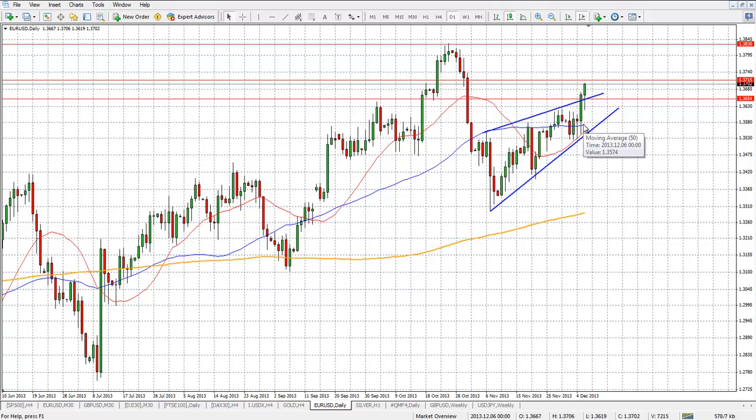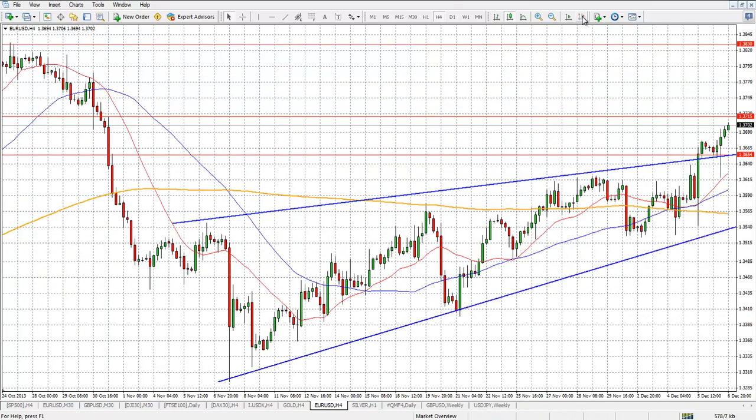Alternatively, we're talking about the 50 period moving average on daily at 1357, followed by 1355 as the logical levels of support on the way down. Alternatively, the breakout above 1371 could potentially target 1383 as a next logical level of resistance.